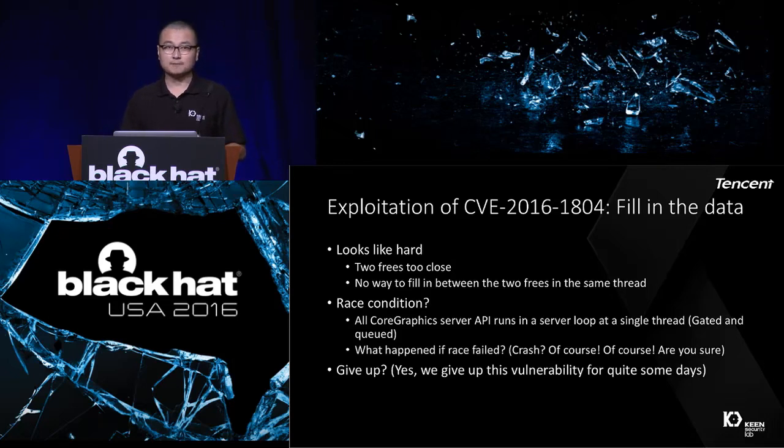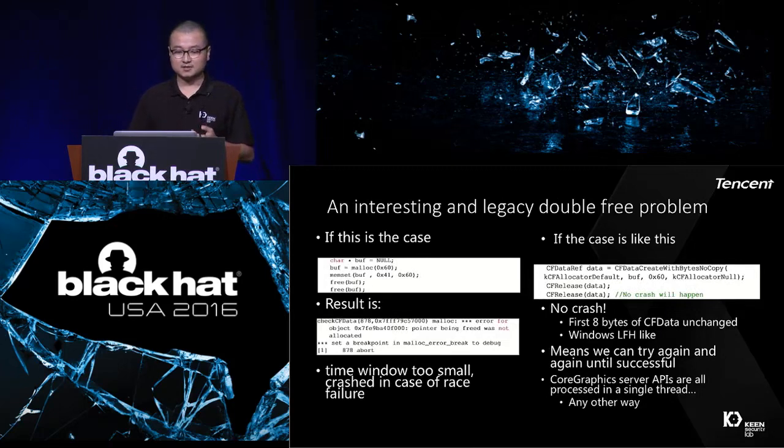And also, actually, we gave up on this bug for several days because we thought the success rate was very low, but it depends on something, which is a very legacy double free problem. If you free a memory twice, will the process crash immediately?